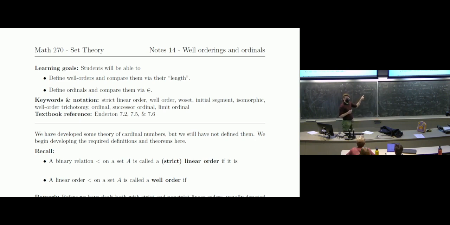I've never heard anybody use this in the world, but I'm probably going to use it now because I'm a tired and old man. So this is a woe set if less than is a well order on W. Okay? So now I'm going to hand you the set and the order together. Right? That's pure notation.